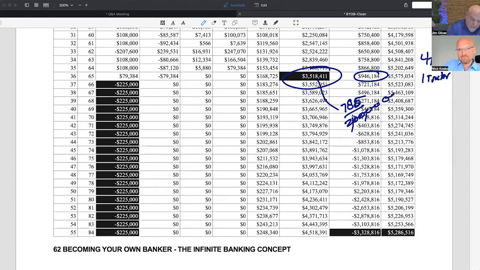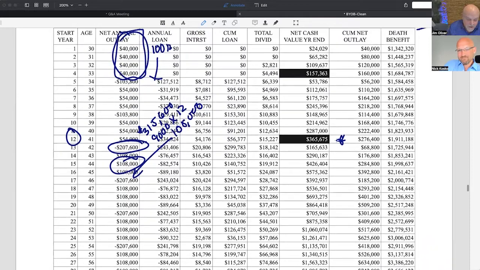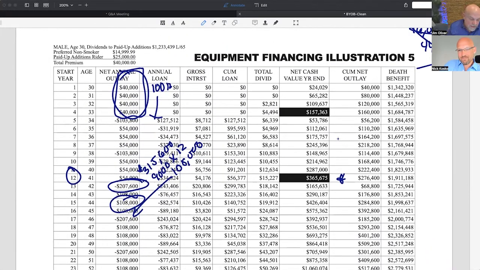Amazing. All right. I want to show you something now. Remember when he could stop paying the premium on that policy because the dividend exceeded the premium. It was year 17, right? Originally, yeah. So just by doing those few loans, it's year 12.